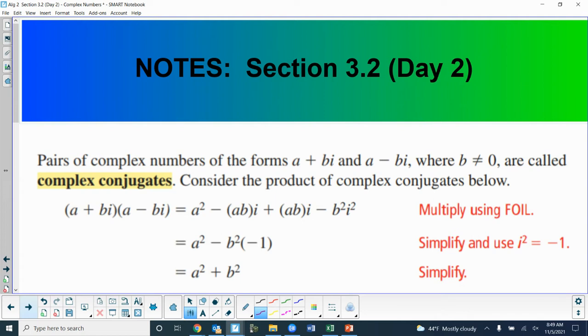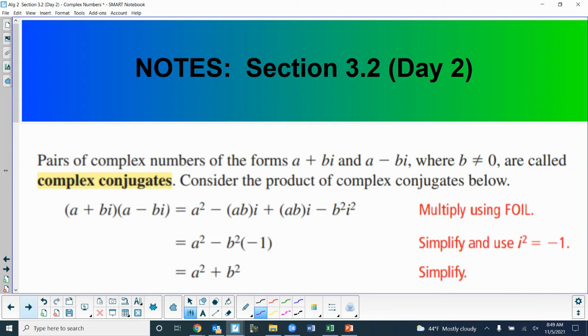This becomes a single whole number. Okay? Because when you do first, a times a gives you the a squared. When you do outside, a times negative bi is negative abi. And then when you do inside, bi times a is positive abi.